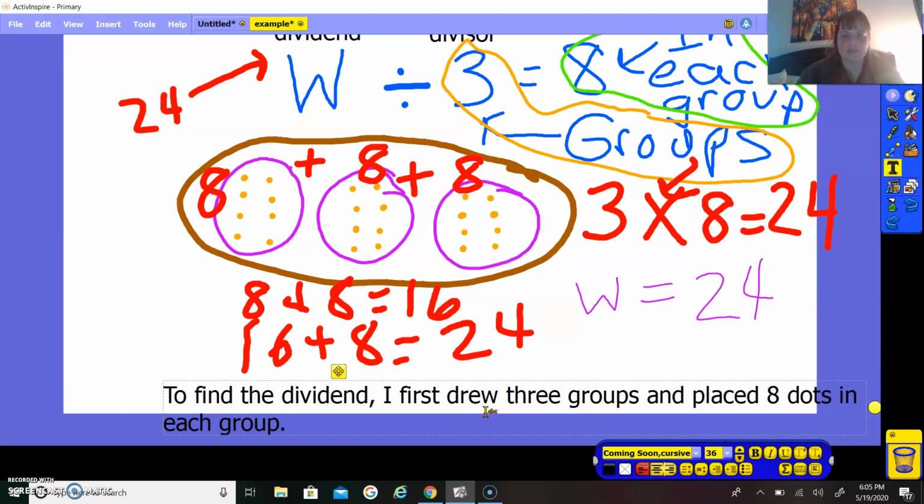To find the dividend, I first drew 3 groups and placed 8 dots in each group.